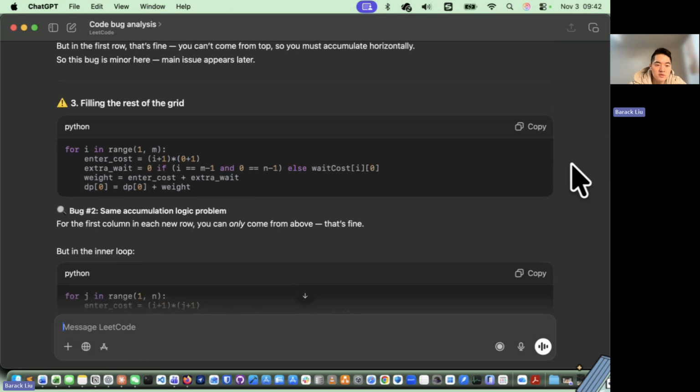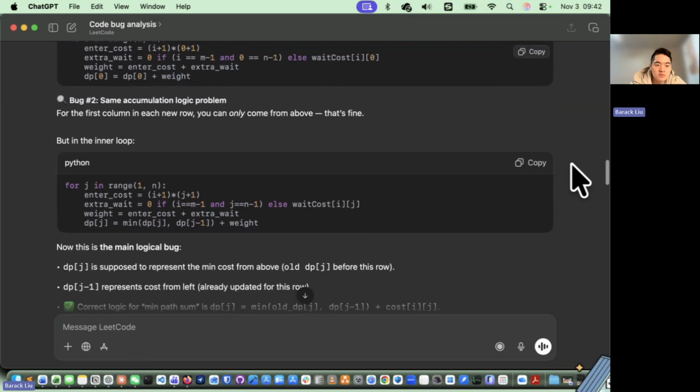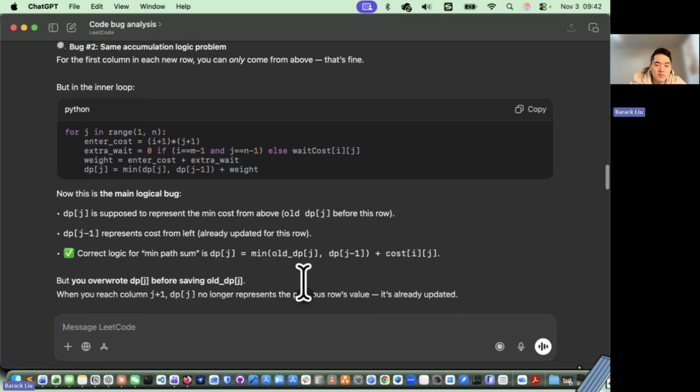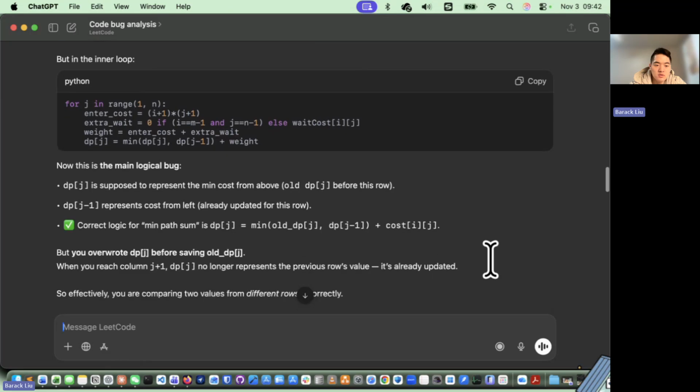Meaning the rest of the script. dp[j] is supposed to represent the minimum from above, so the correct logic will be dp[j], alt dp[j] plus cost.